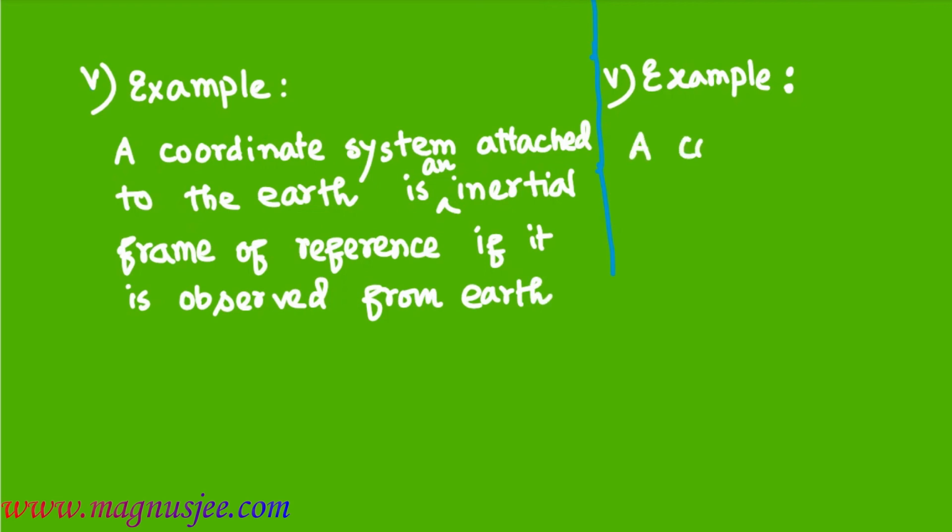A coordinate system attached to the earth is an inertial frame of reference if it is observed from earth.